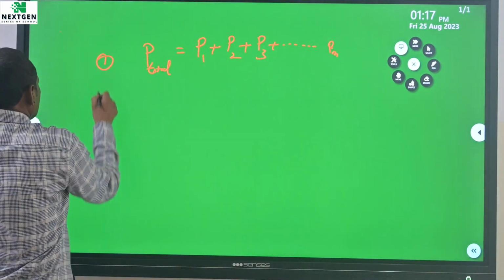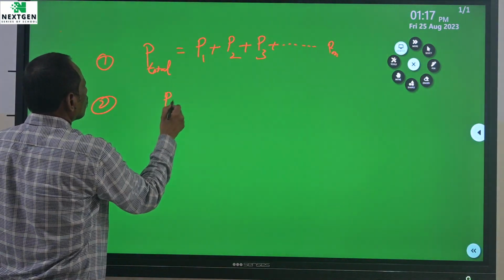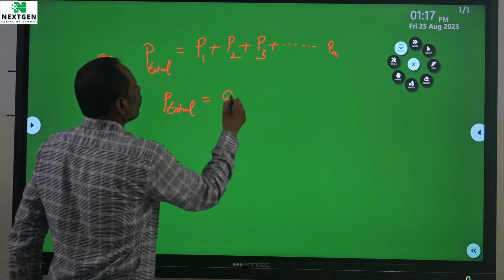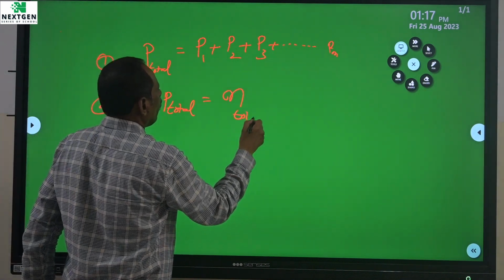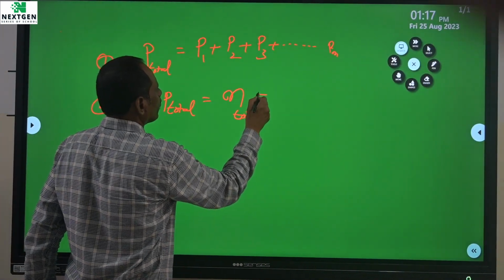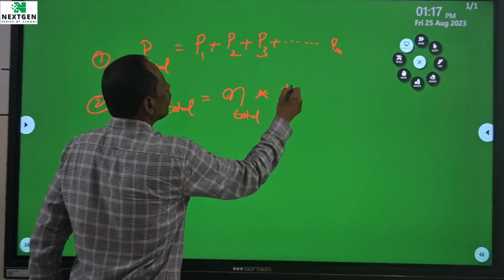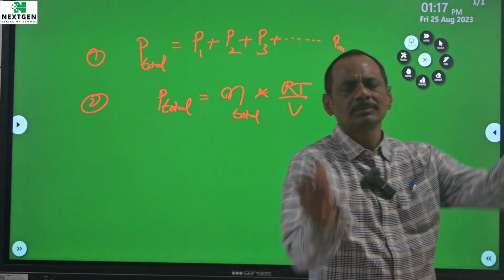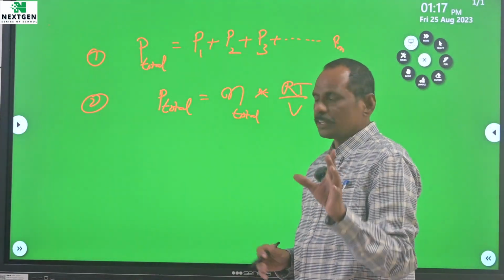The second one is: the total pressure of a gas mixture is equal to the total mole number of all the gases present in the mixture times RT by V. Friends, try to understand.